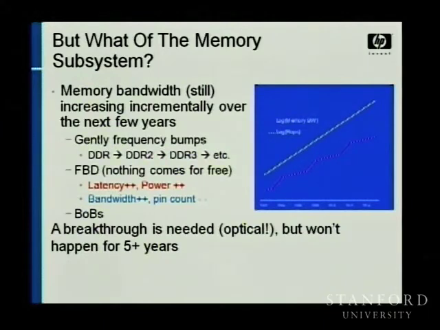Then this last thing is buffers on board, BOBs. The idea is that you run a very fast link between the processor and an intermediate chip, and then you use traditional memory from that BOB. That's a design that you will see in the high socket count servers over time, but it is kind of a one-time attempt to greatly increase memory capacity.